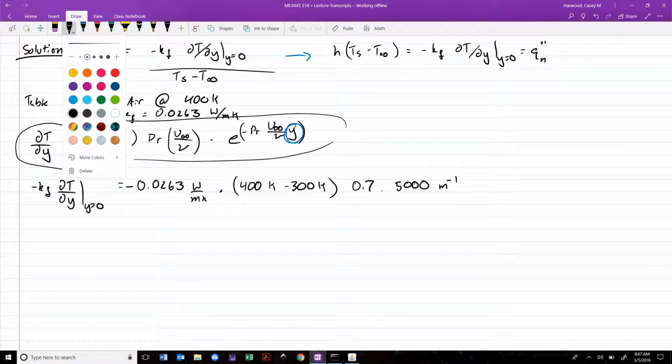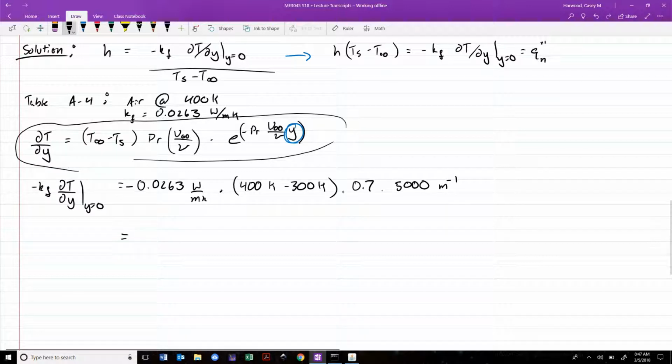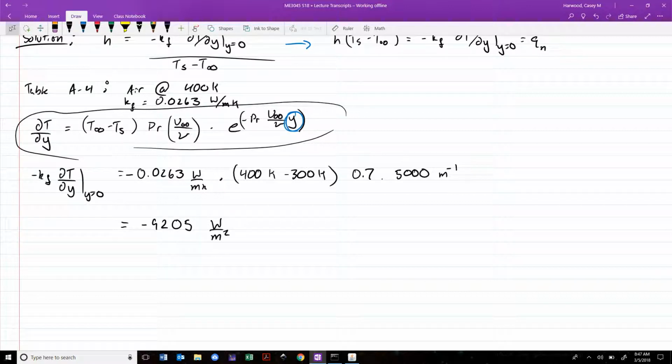And what this all boils down to, if we plug it into a calculator, is negative 9205 watts per meter squared. Now that we have that 9205 watts per meter squared, we know that that's the total heat rate or heat flux.